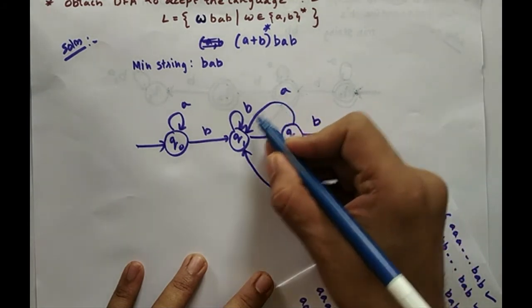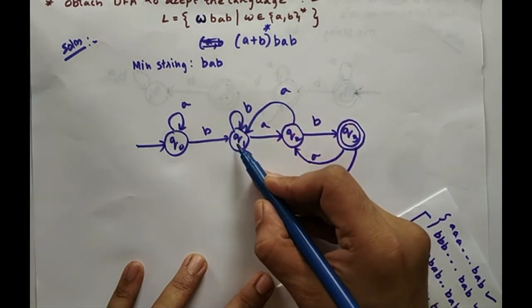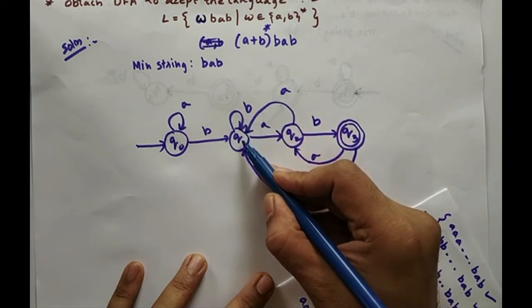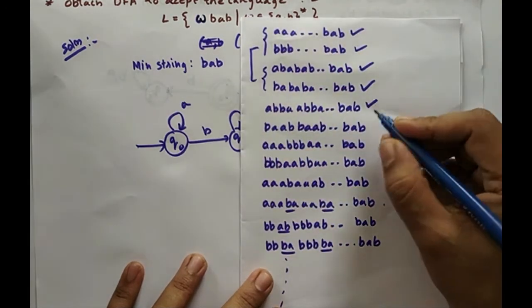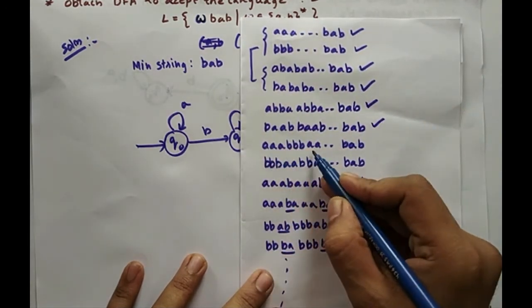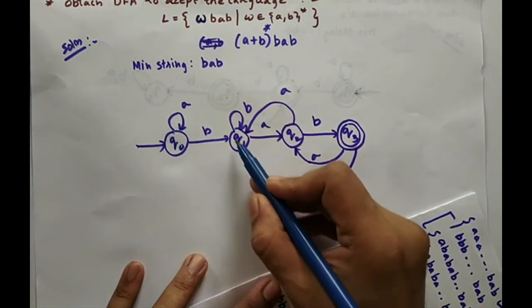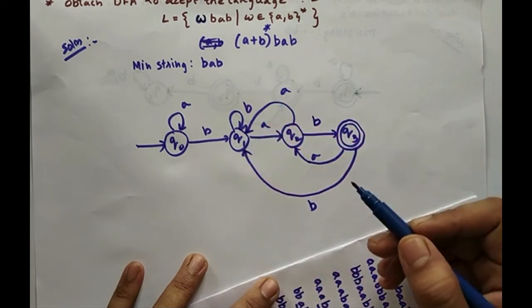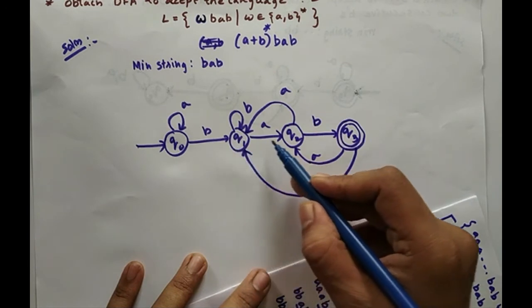B, A, B and again B, A, B ending with BAB. Accepted. Then some A's, some B's, some A's ending with BAB. Some A's, some B's, some A's, right? So first A, second A.